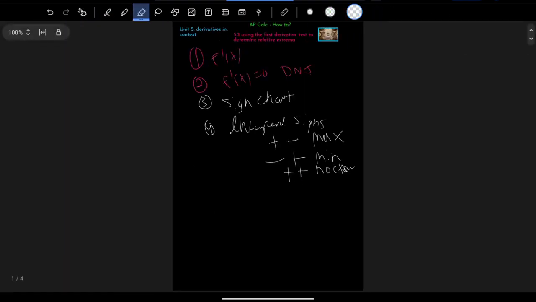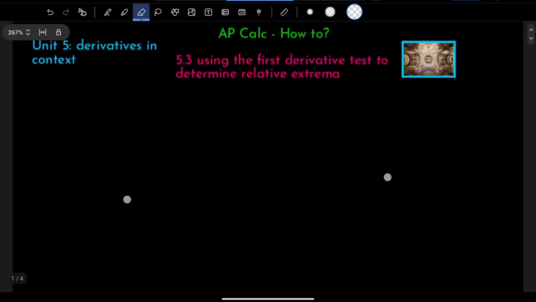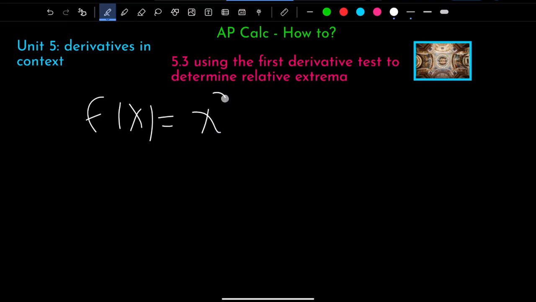Okay, now let's try this out. So our first example is going to be problem number 1. f of x equals x cubed minus 3x squared plus 2. We need to find and classify the critical points.